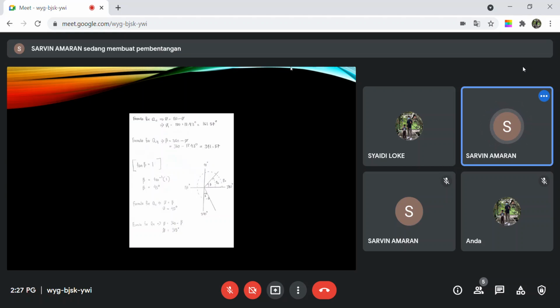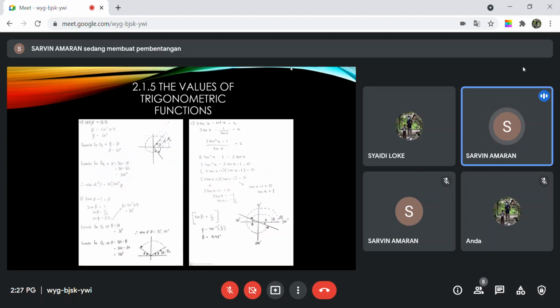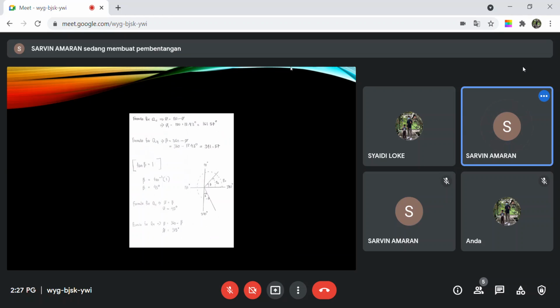Next is the second equation, which is tan x equals 1. As usual, follow step 1 and step 2: solve the equation and find the reference angle. Then step 3 is to draw the reference angle in the graph.